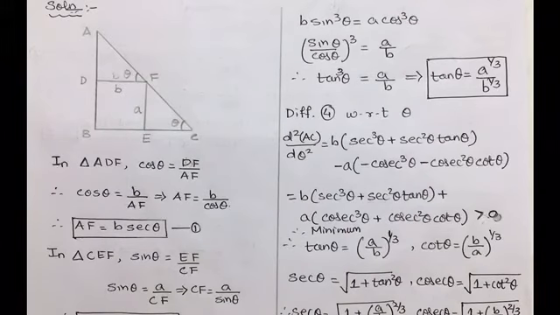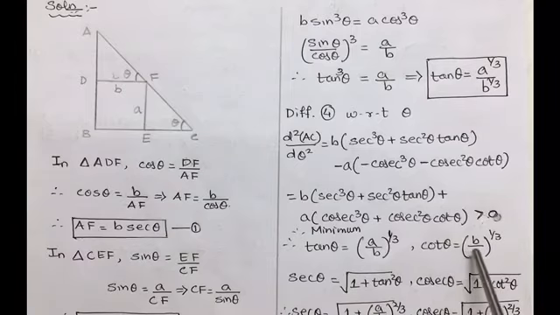Now as we have the length of hypotenuse as sec theta and cosec theta, we will calculate the value of sec theta and cosec theta by using tan theta and cot theta value. So tan theta is A upon B raised to the power 1 by 3.